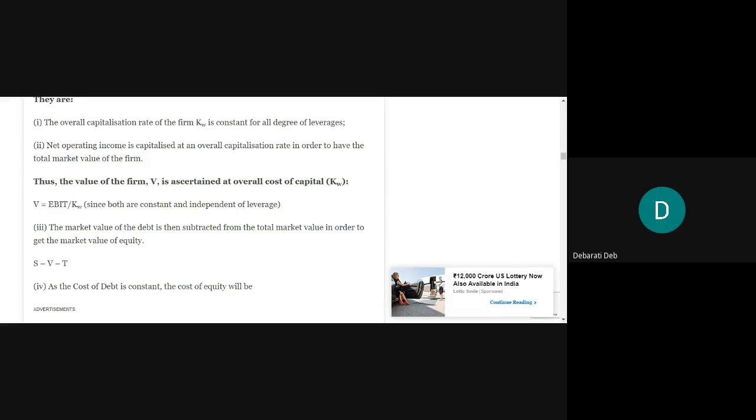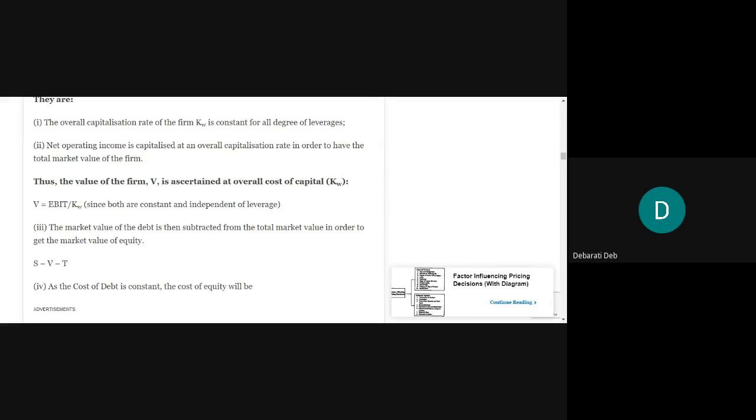The first assumption says that the overall capitalization rate of the firm, sometimes also known as overall cost of capital, let us denote it by KW. We can also denote it by K naught, not a problem. The overall capitalization rate of the firm KW is constant for all degrees of leverage.